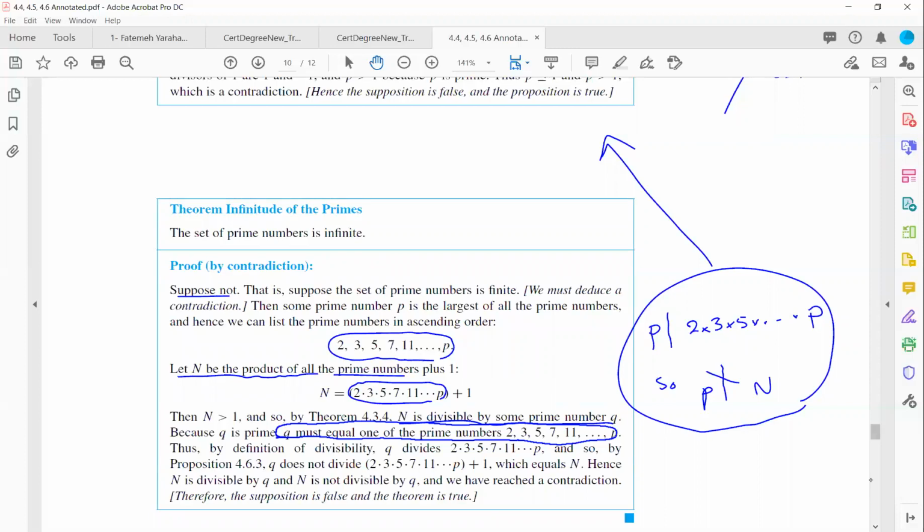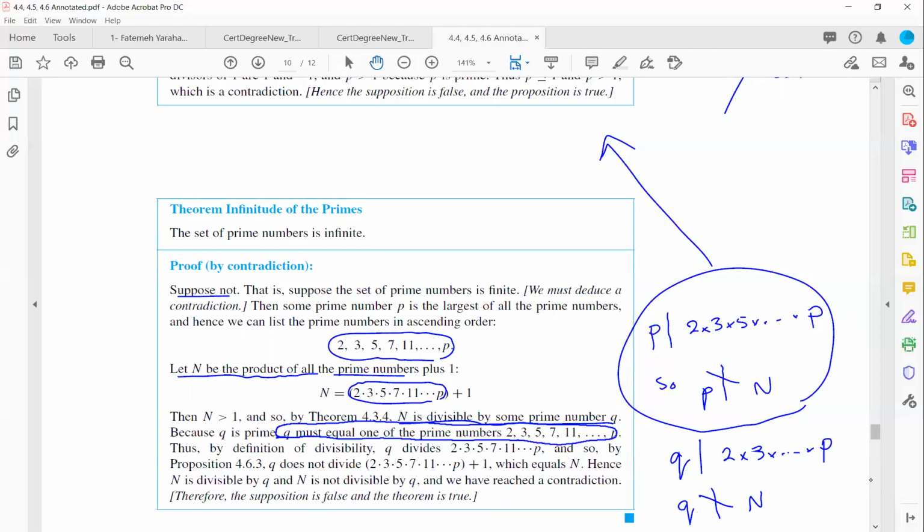Therefore, q divides this product. So q divides 2 times 3 because it's one of the numbers in between. You can find q in between. So what's wrong here? q divides the product, using previous theorem, q cannot divide n.